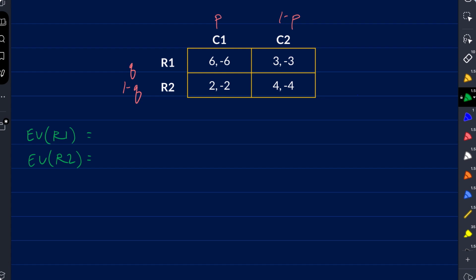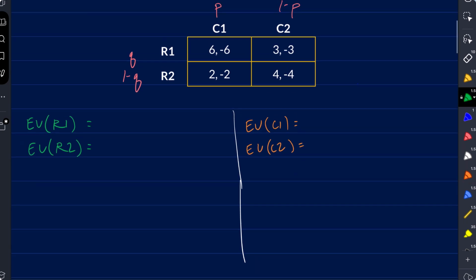Okay, so we want to figure out a probability that's going to make the expected utility of R1 the same as the expected utility of R2. And then we want to do the same for C1 and C2.